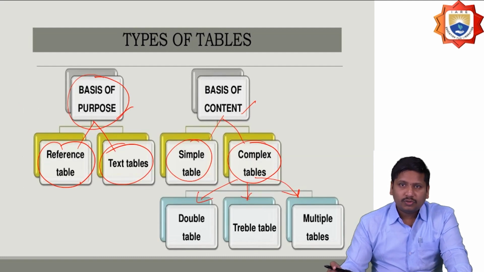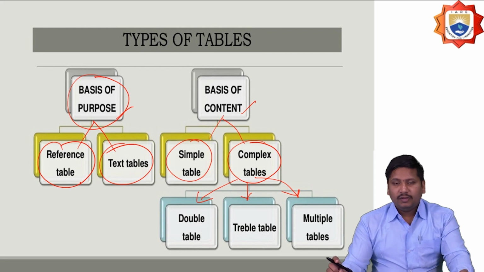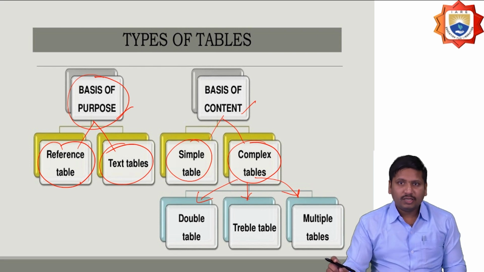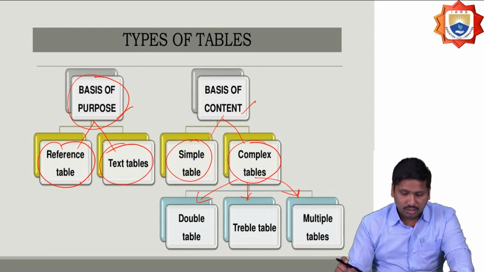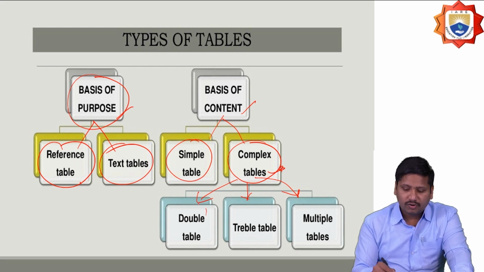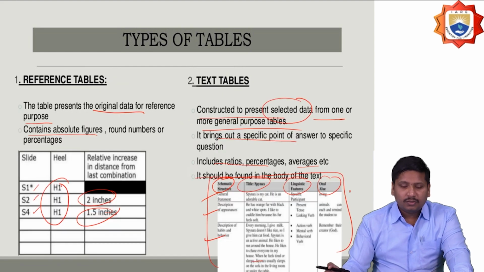Tables are also classified into two types, based on purpose and based on content. Based on purpose, we define the table as a reference table and a text table. Based on content, it may be a simple table or a complex table, and the complex table is further divided into double, triple and manifold tables. The very first is the reference table and text table.